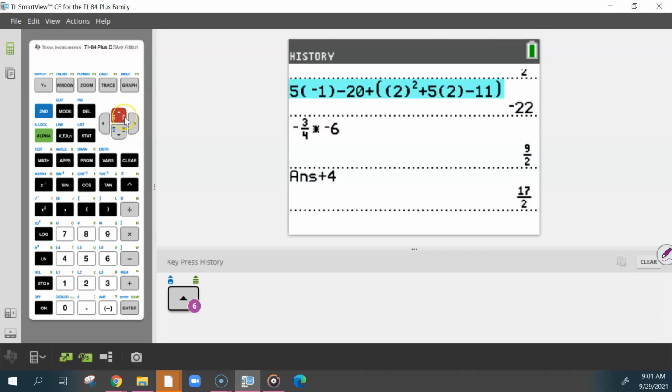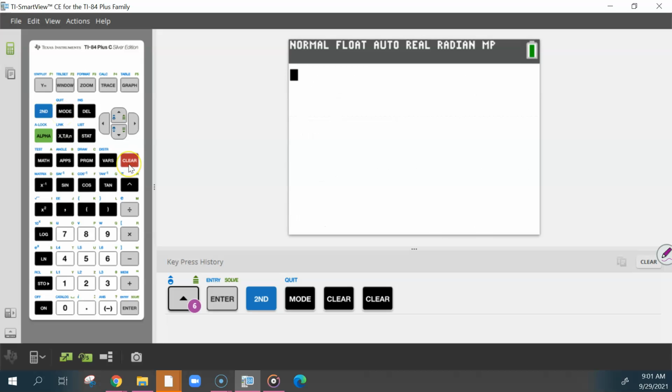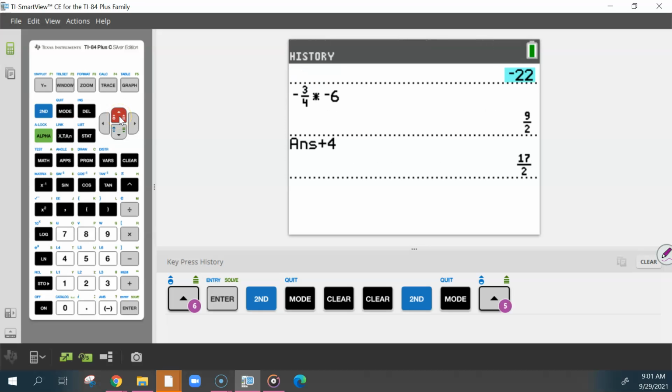Excuse me, how do I clear the calculator? If you want to just clear the one you're on, hit clear. But you don't need to clear out the entire calculator. To go back to the home screen, hit second mode. That's like quit, go home. If you quit, go home, you'll be here. How this is set up is so confusing to the eye.